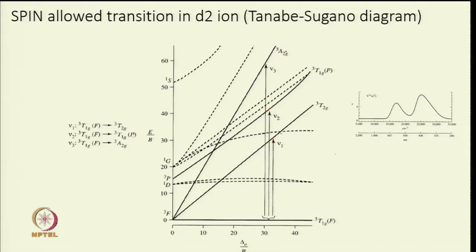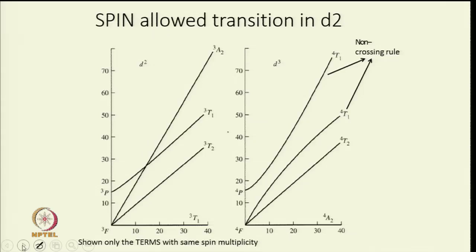So, this is the way you can describe the spectrum, and this I have already discussed with you. This is the well known Tanabe-Sugano diagram for the D2 ion. Spin allowed transitions in D2, again if you look here, if we remove all other singlet terms, then you are left with these 3 triplet terms, and here you see there is a crossing.